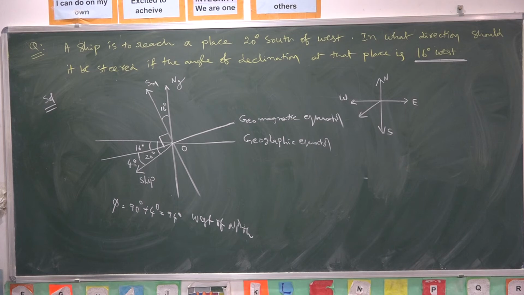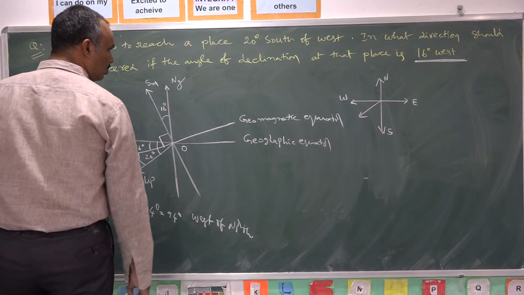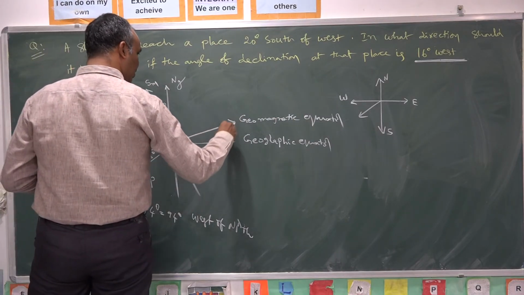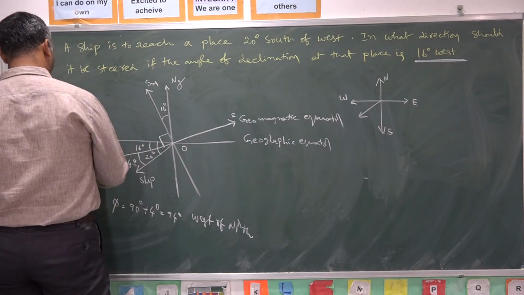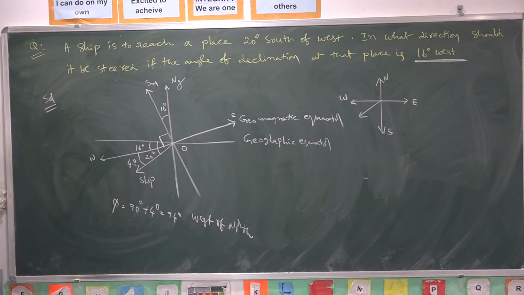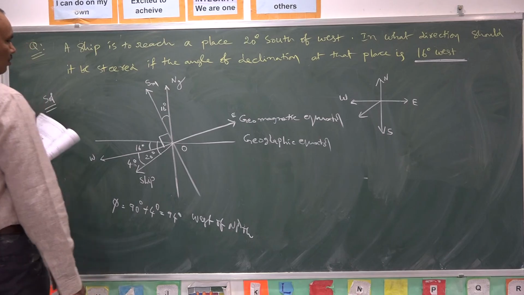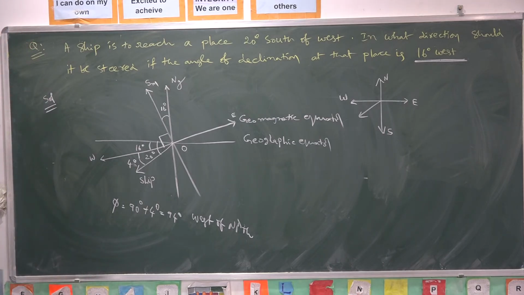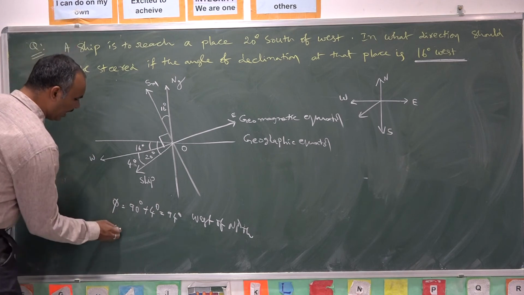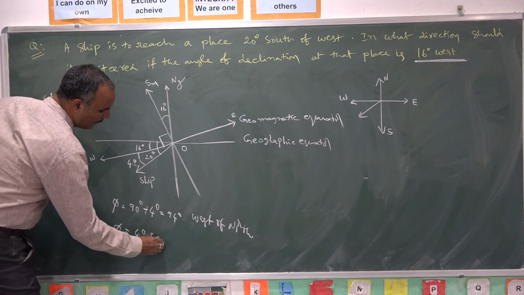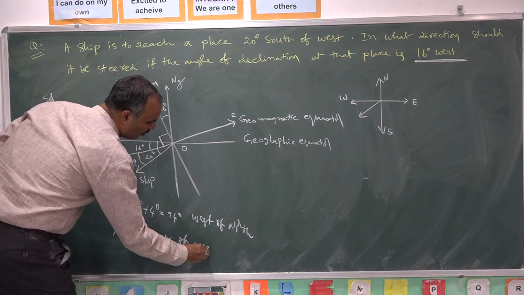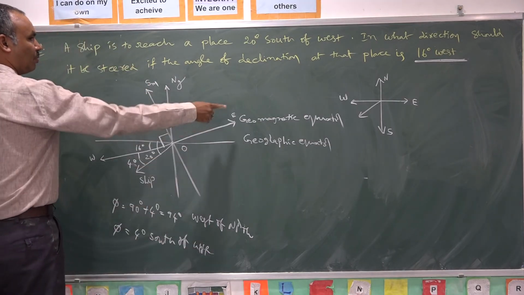Otherwise, as per this, this is east, this is west. With respect to the geomagnetic axis, the directions of east and west are like this. So 4 degrees south of west. Otherwise the angle should be 4 degrees south of west, if I speak with respect to the geomagnetic equator.